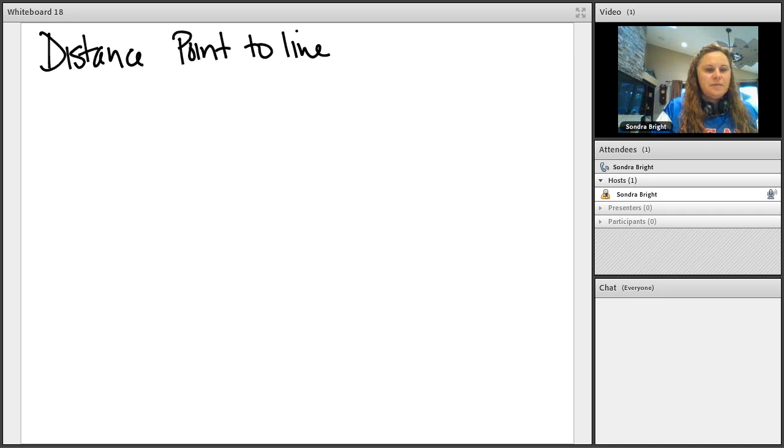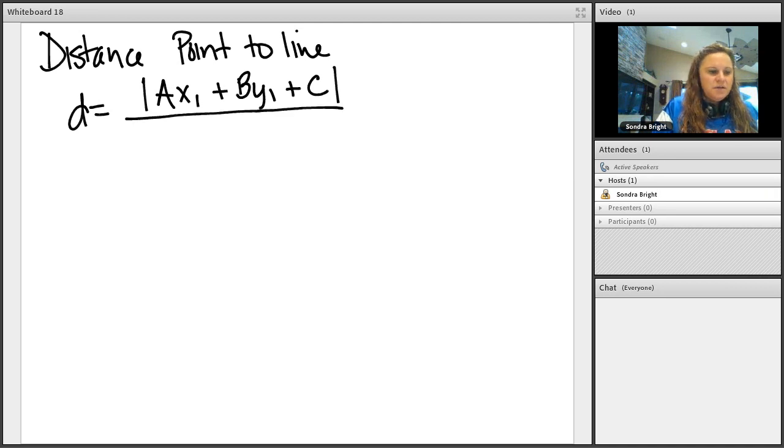So the distance from the point to the line is given by the absolute value of ax1 plus by1 plus c, and then all over the square root of a squared plus b squared.